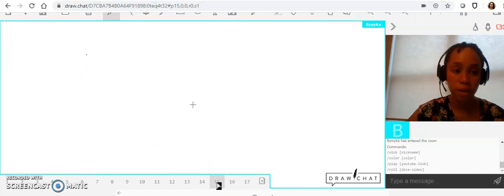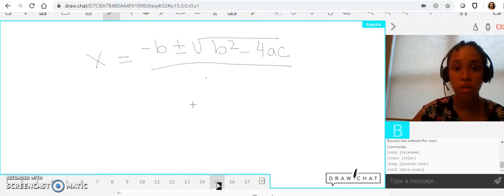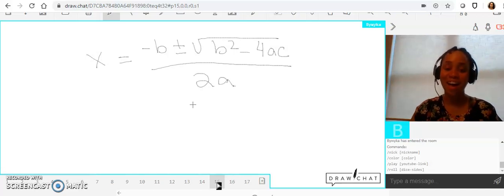And so when I combine them, I get x is equal to negative b plus or minus the square root of b squared minus 4ac. Now everything is all over 2a. And ta-da, I have the quadratic formula.